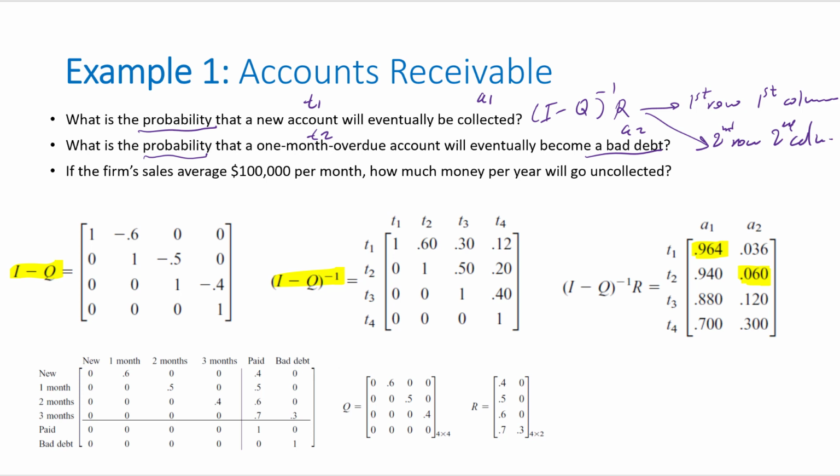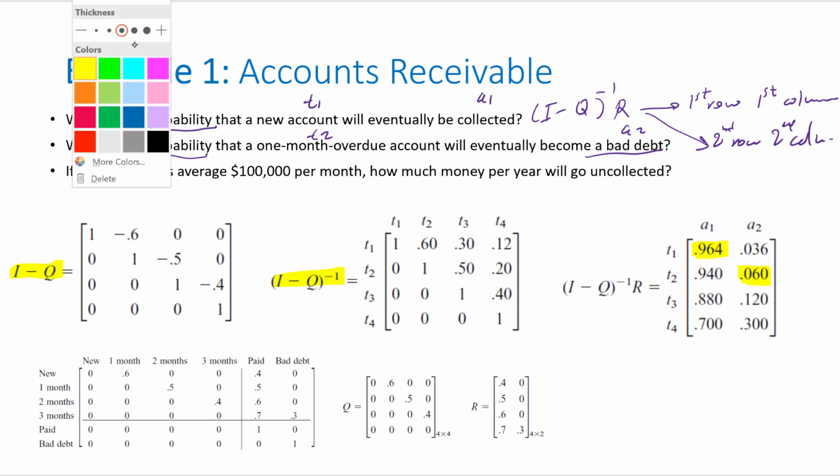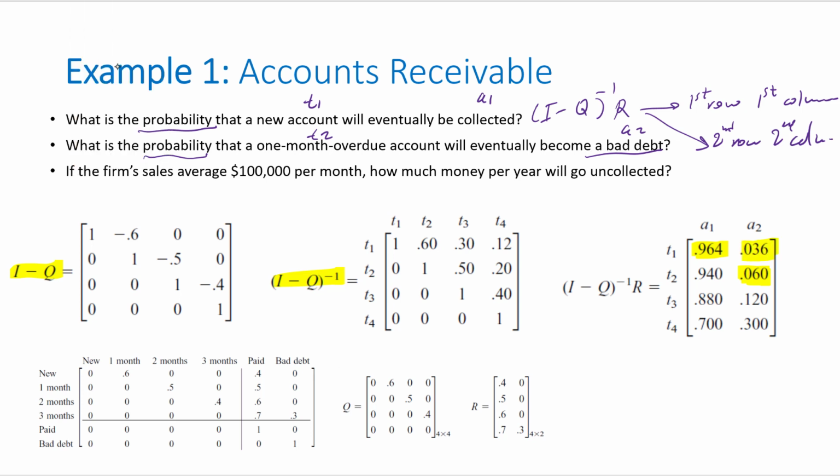That probability is here, 0.036, and we multiply that by the total amount of the loan or whatever that's given to the clients.